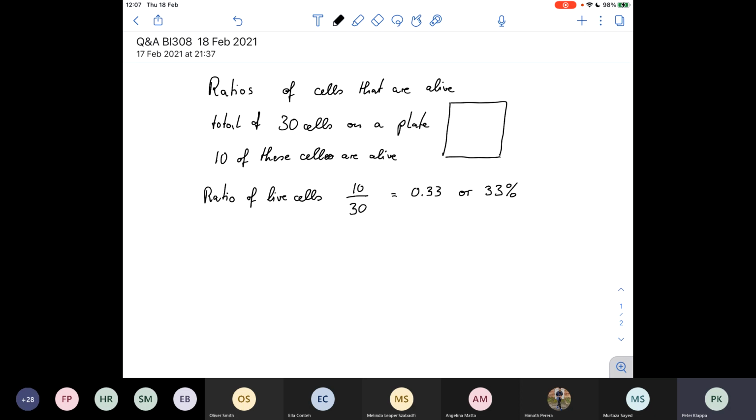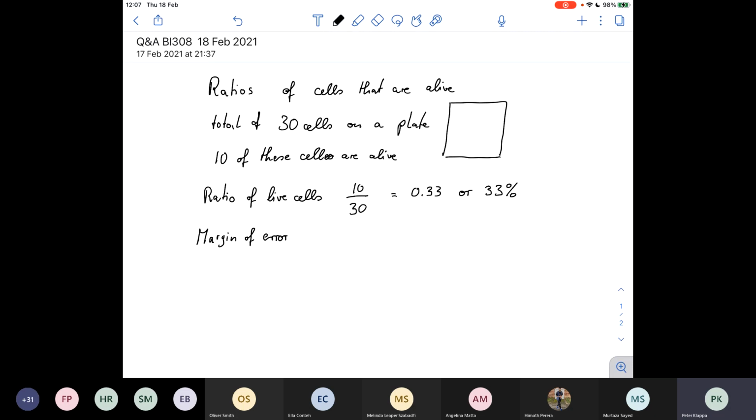And now, because this is just a sample, what we want to figure out is actually the margin of error for these 33%, because if we did this experiment on another plate, for example, we might find 11 out of 33 cells or something like that, or 9 out of 40 cells.